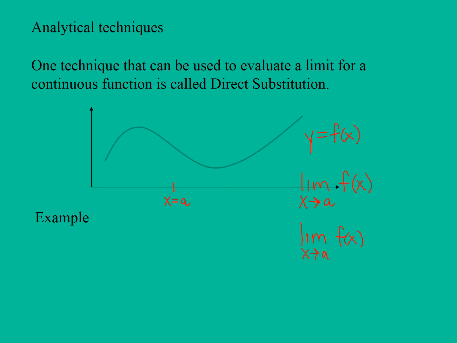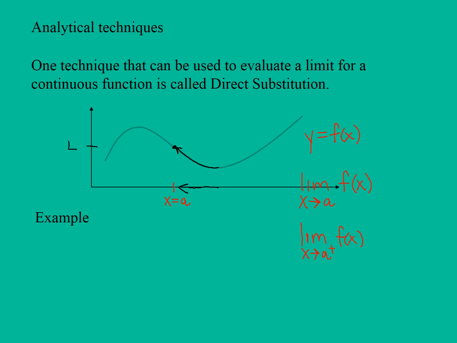So if we looked at the limit of f of x as x approaches a from the right, as we approach a from the right, our x values are approaching a from the right, we're going to analyze what's going on with the y values.